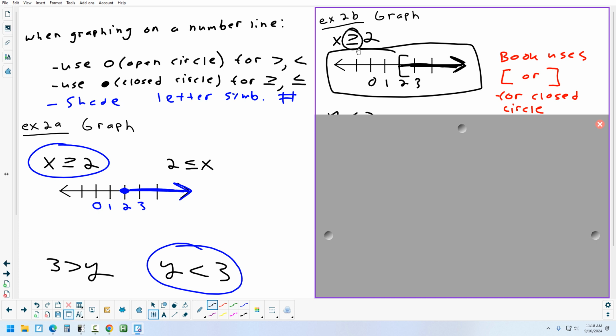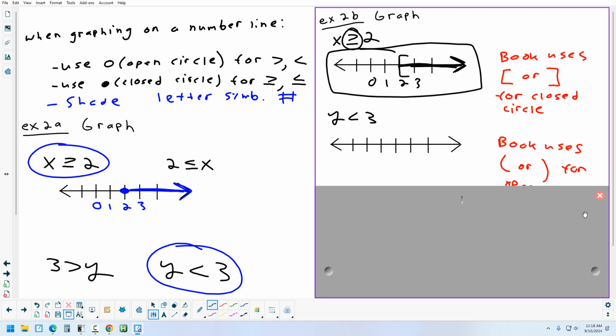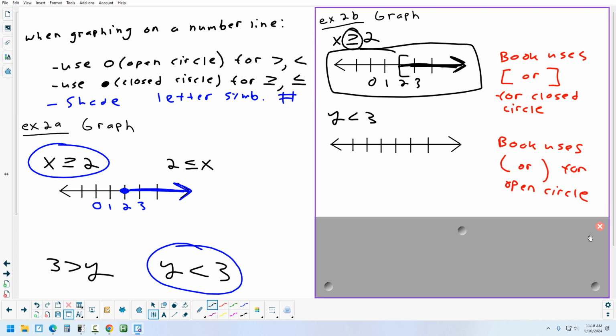What do you think it would use in place of an open circle? What other symbol might make sense? Anthony? A parenthesis kind of thing? Yeah, it would use a parenthesis. So bracket means you can include the number, greater than or equal to. Parenthesis means you have to be strictly greater or less than, not equal to. All right, so same idea.